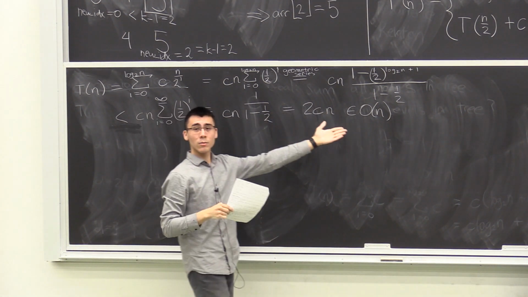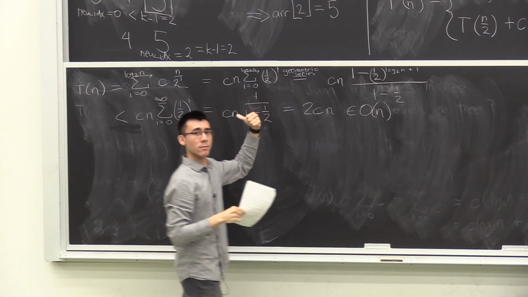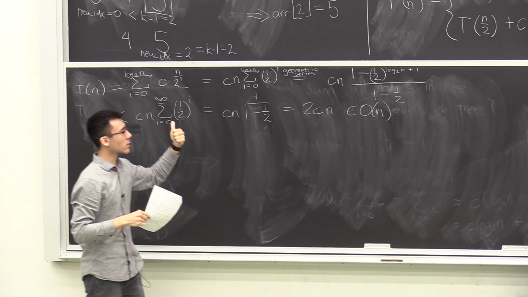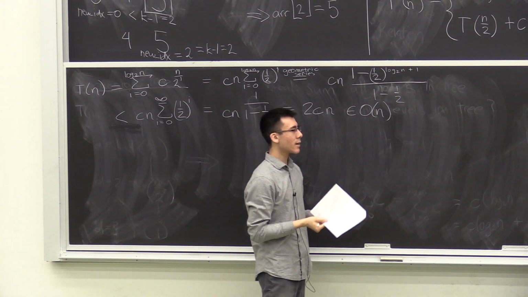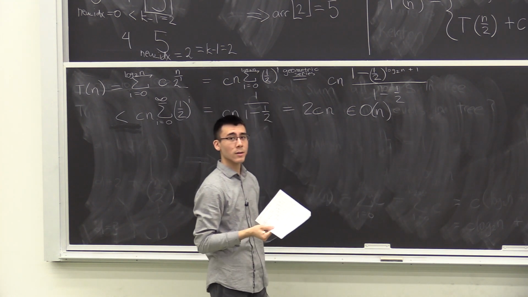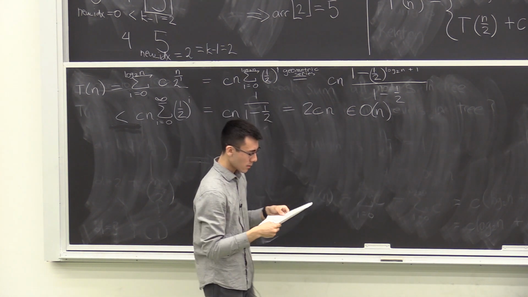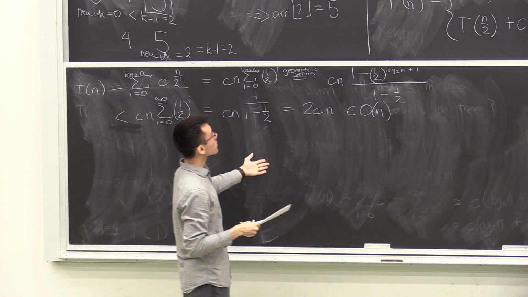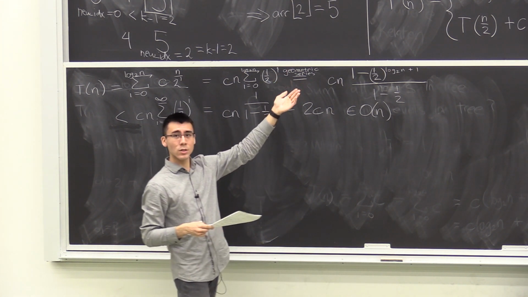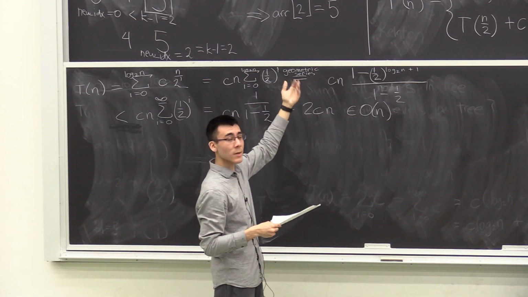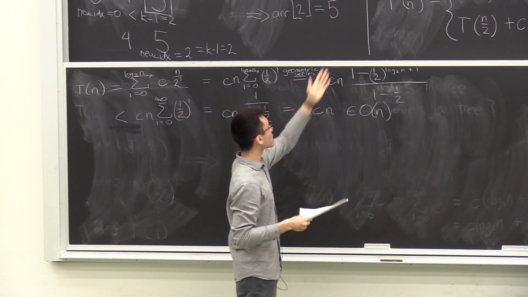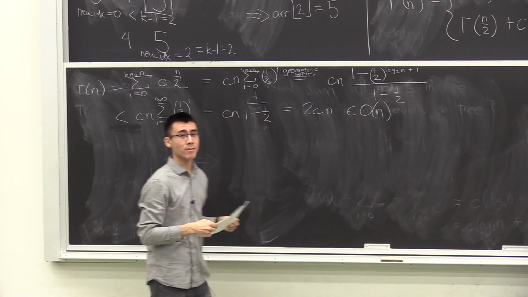And I'm writing big O because I found an upper bound. Okay? So that's why it's important to make sure you're using the right asymptotic notation here. So hence, you can see that on average, if you use randomized partitions, randomized pivots, then this will run in O of n time.